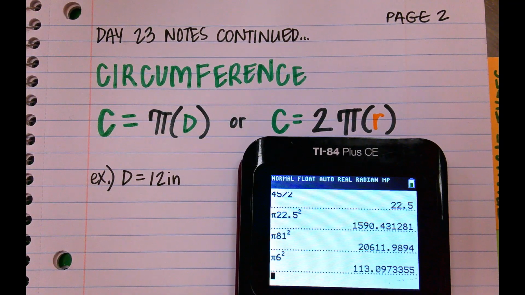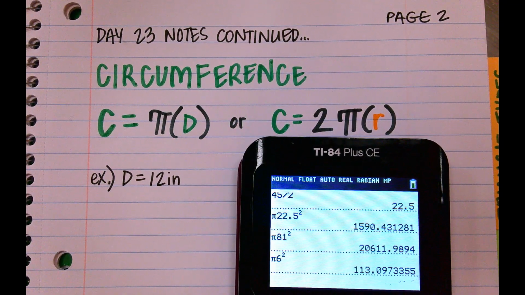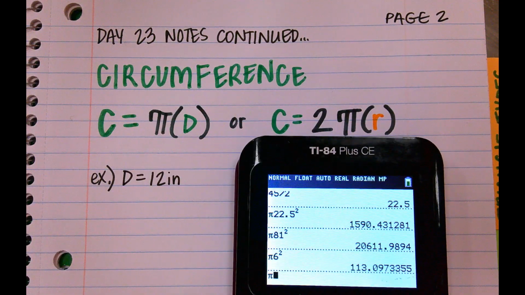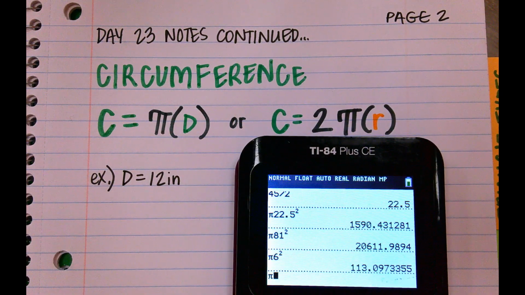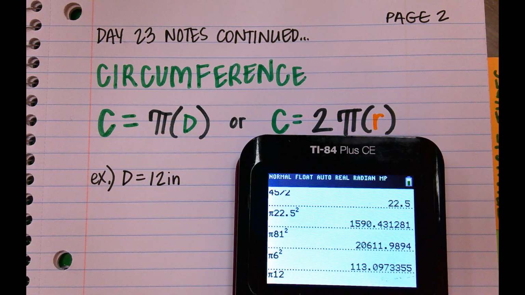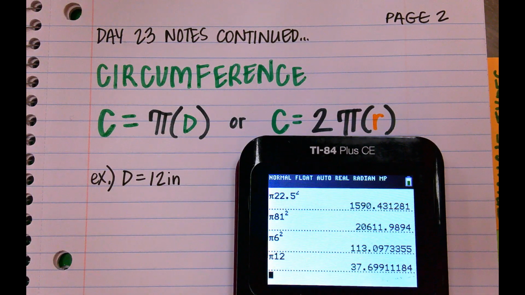Take the pi times d. Yep. We're going to hit second up arrow, get our pi symbol, and then just type 12 for diameter. Enter. That's it. Pretty nice. We got 37.699. I'll round that up to 37.70.